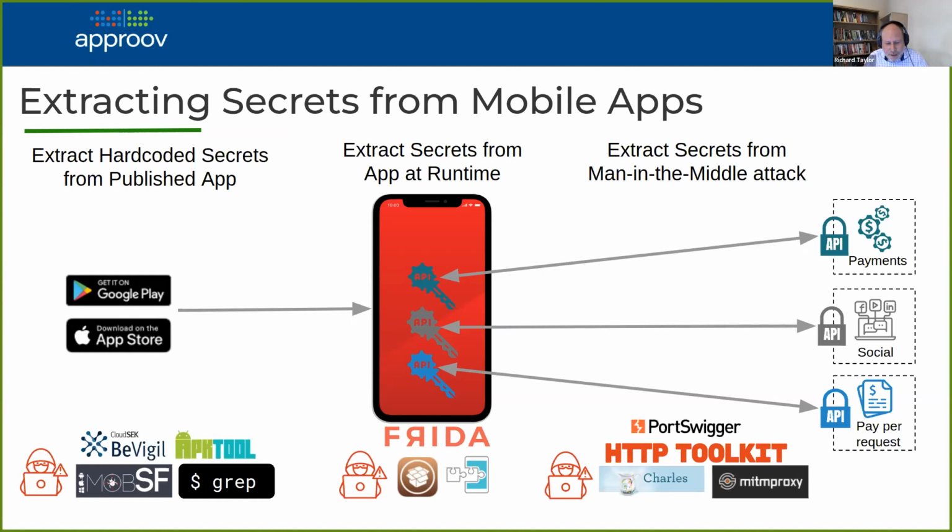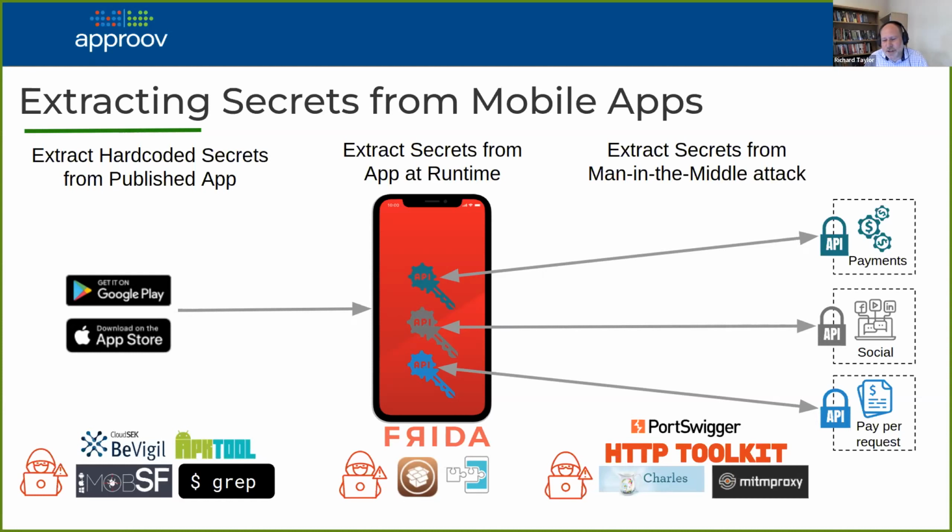So there's that angle. There's also the angle that at runtime, the API keys are going to be in memory. So there are various hooking tools that you can use, like Xposed or Frida, if you're running on a rooted device, to hook the app, hook particular function calls, and collect the API keys as it's running. Again, then you can use it to access backend APIs.